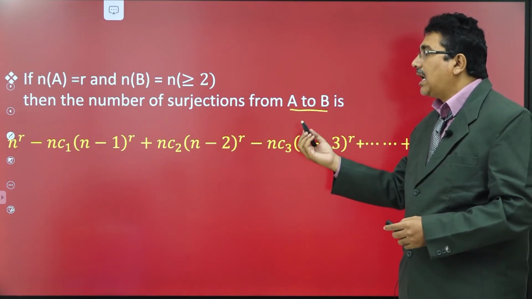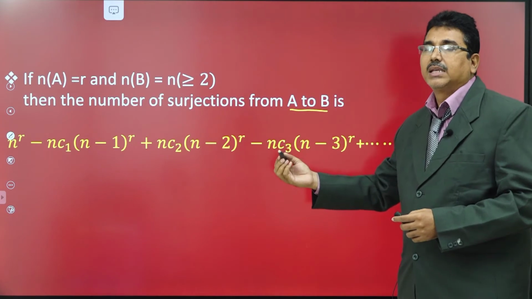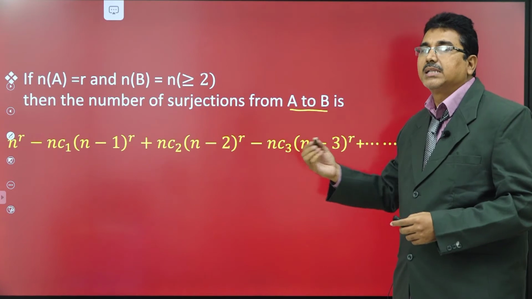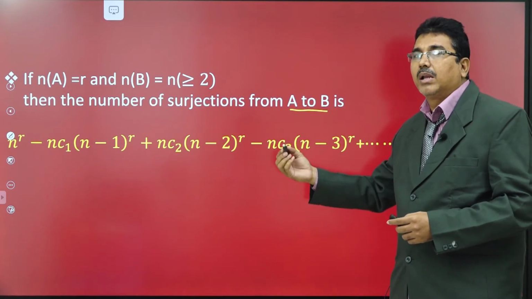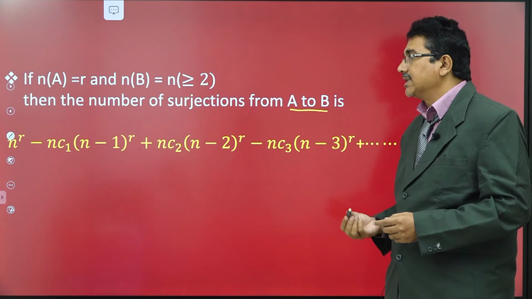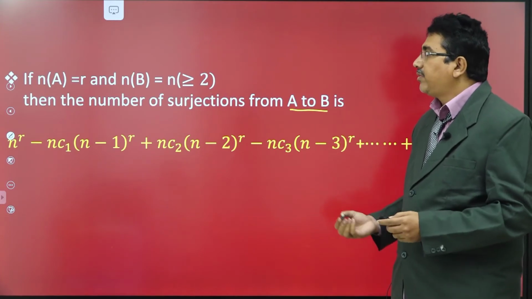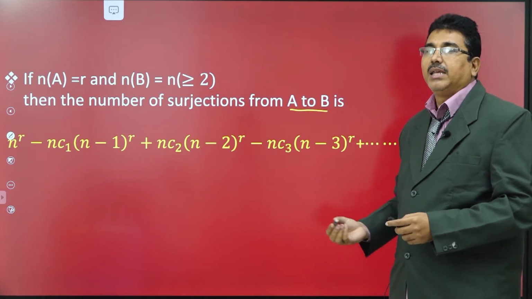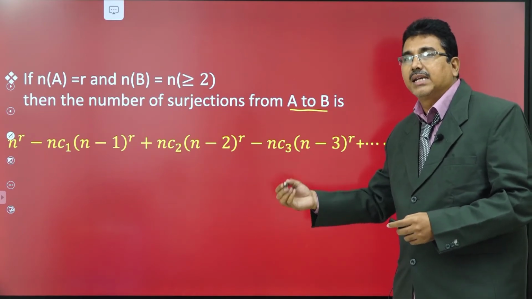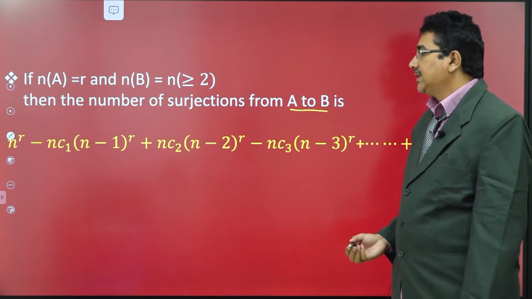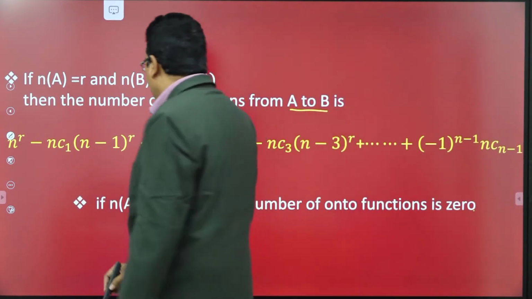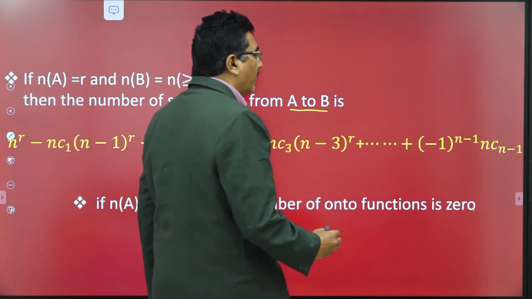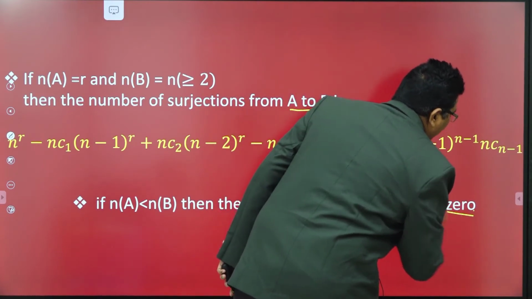In this case also the number of surjections is equal to the total number of functions minus the total number of not onto functions. If n of A is less than n of B, then the number of onto functions is 0.